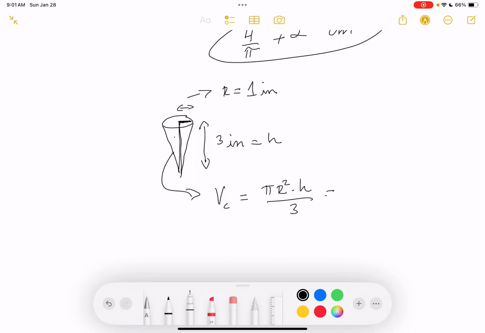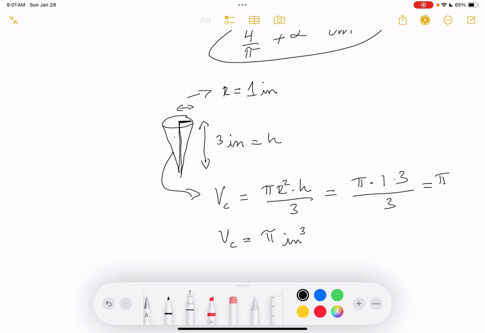So the volume of this cone is going to be pi, the r squared is 1, the h is 3, and then divided by 3. So it's pi, and the dimension is inches, so the volume of the cone is pi inches cubed.